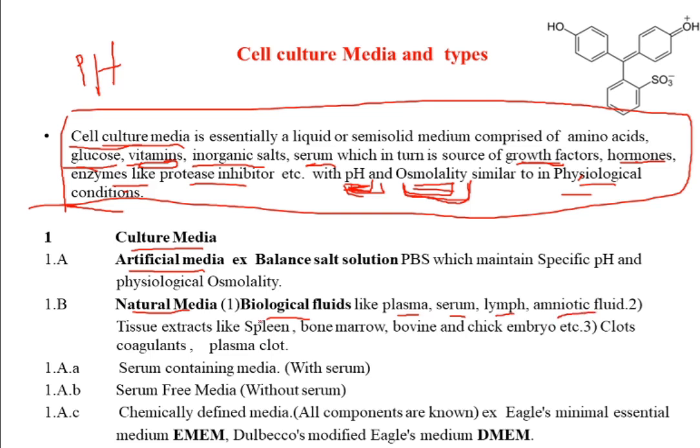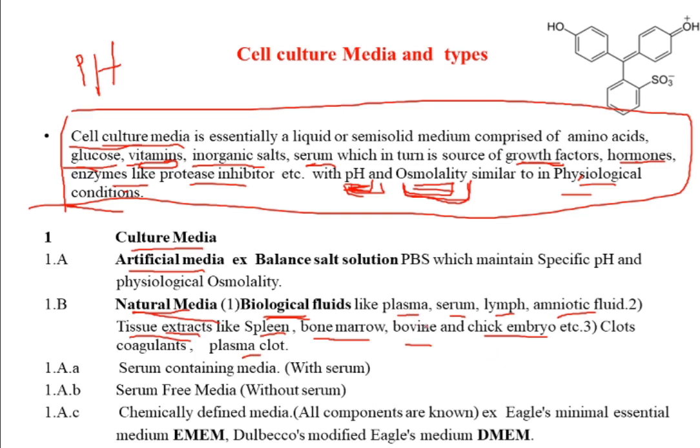These are examples of a biological fluid which can be used to culture a cell. Besides this, the tissue extracts. The second is tissue extracts like spleen extract, the bone marrow extract, bovine and chick embryo extracts. Third one is a coagulant, plasma clot, etc. So all this comes under the natural media because the source is natural.